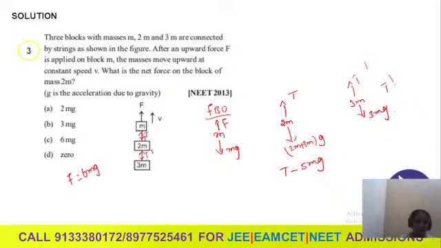So T dash is equal to 3 mg, and T will be equal to 5 mg. So for block 2m, T minus the weight is equal to the total mass into acceleration. That is the net resultant, which is 5 mg minus 5 mg, equal to 0.